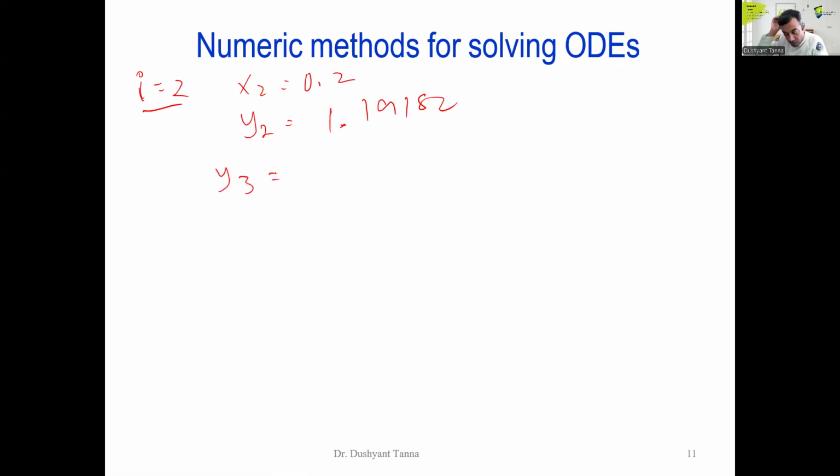What will happen to y3? Which is y2 plus h times y2 minus 2x2 over y2, right?